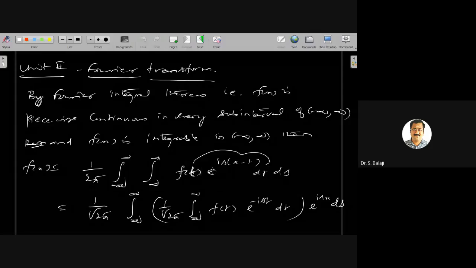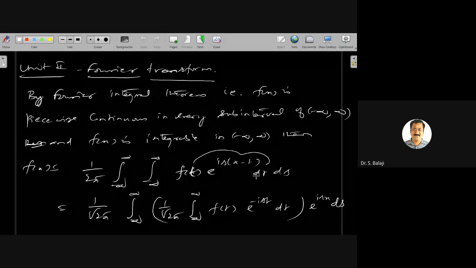With respect to t, you get f of t e power minus ist dt, and then you get e power isx ds.